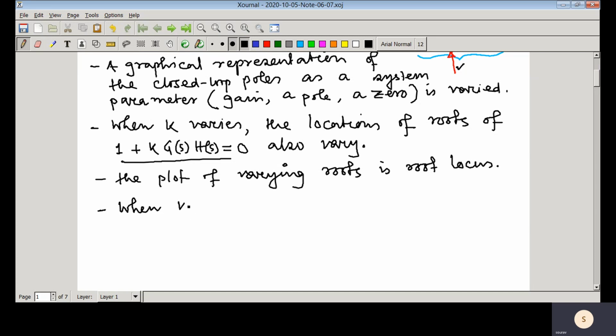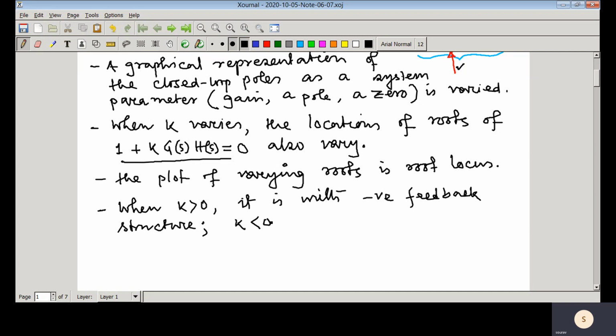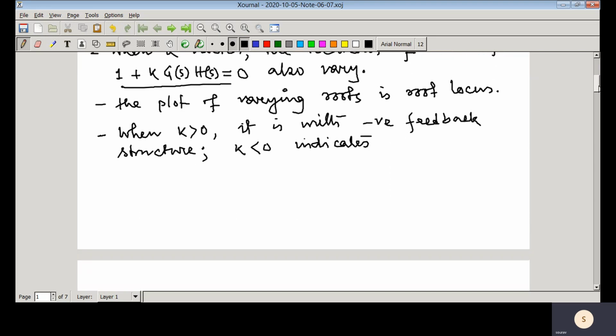When K is greater than 0, it is with the negative feedback structure that we have shown here, and when K is negative, it indicates a positive feedback structure.